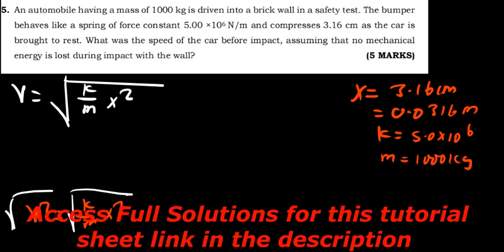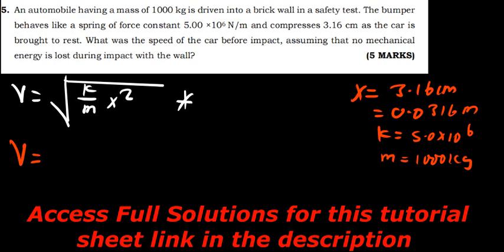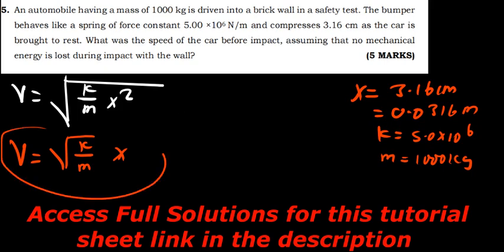If I want, I can use this formula, and I'll end up having the same answer. Or I can use this formula: the square root of k over m, then x can be outside, meaning the square has been cancelled. So you can use any of the two, you end up having the same answer. For this one, I'm going to use the second one.